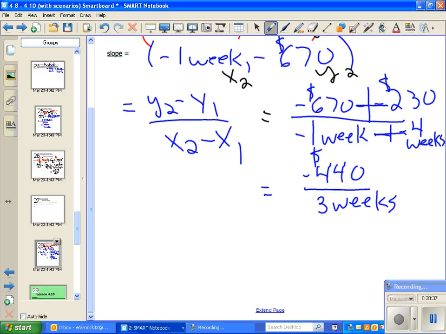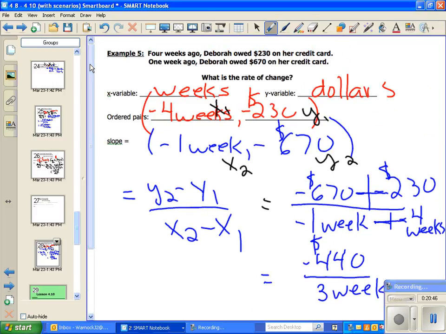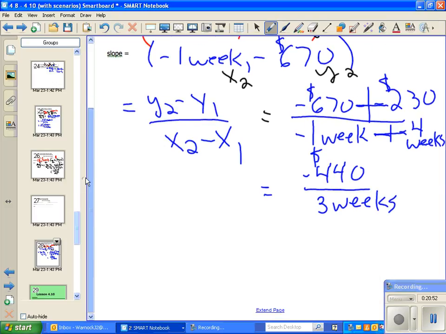You guys agree? Does that reduce? Nope. Okay, so what's happening to Deborah's money, Tara? She's not even just losing it, she's... Right, so Deborah owes $440 every 3 weeks, okay?